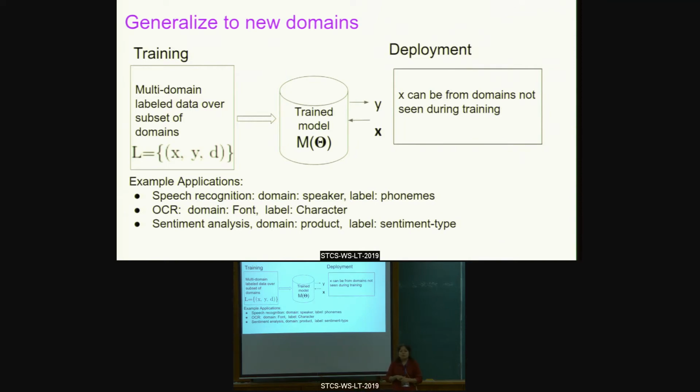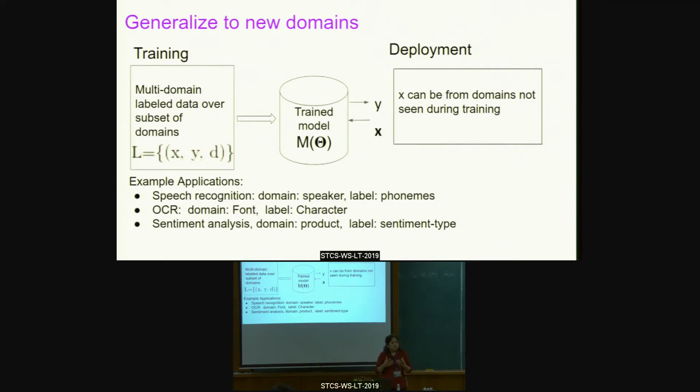And you want to study how the data changes when you go from one domain to the next and train models which can therefore handle new domains at the time of evaluation. Is that clear? So this is the problem setting.